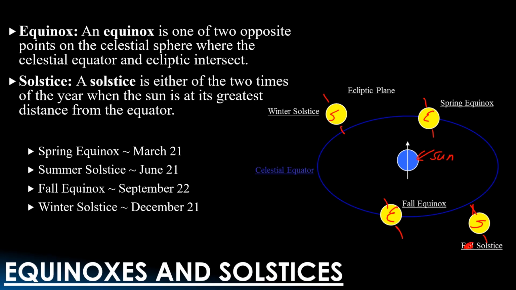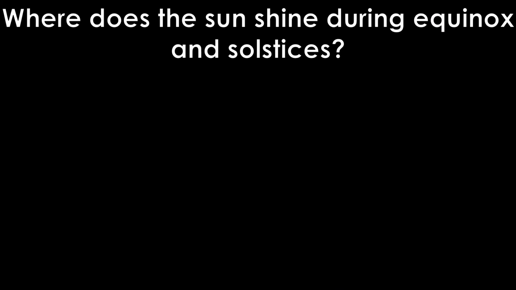That shouldn't say fall solstice, that should say summer. So where does the sun shine during an equinox and during solstices? Welcome back, our terribly drawn sun. I'll do a little bit better this time.